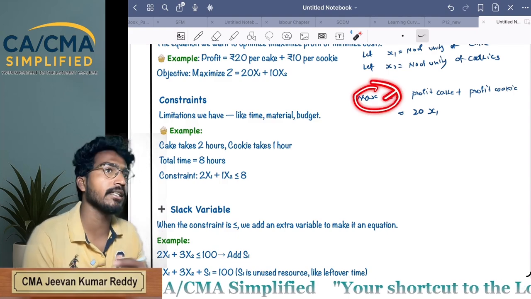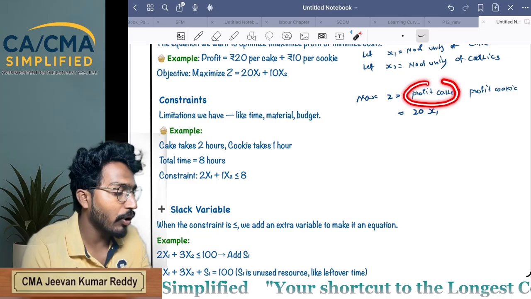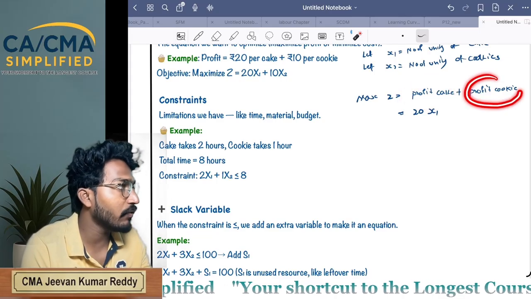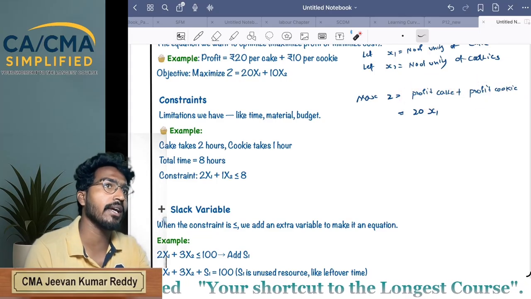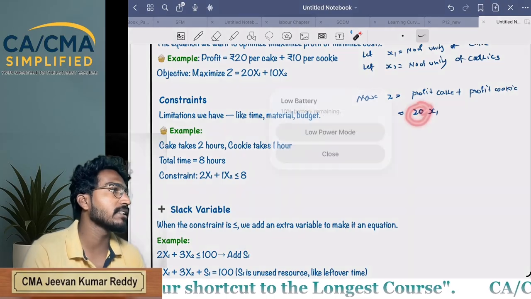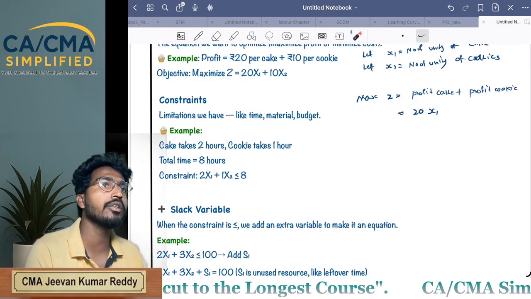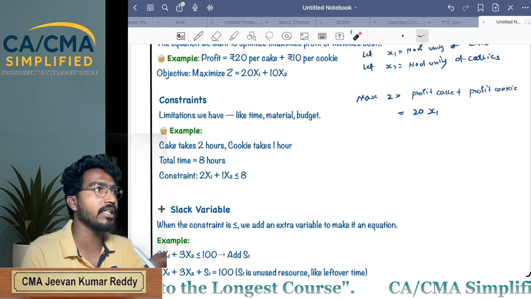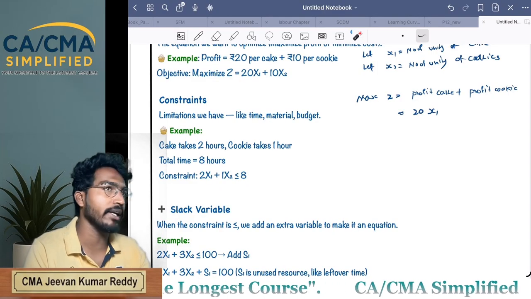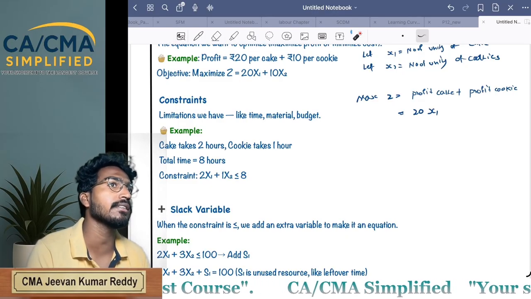To get the profit of the bakery, we add the total profit of cake plus the total profit of cookie. By selling one unit of cake, you get 20 rupees, into the number of units. For example, after solving the entire problem, if you got 10 units, 10 into 20 is 200.